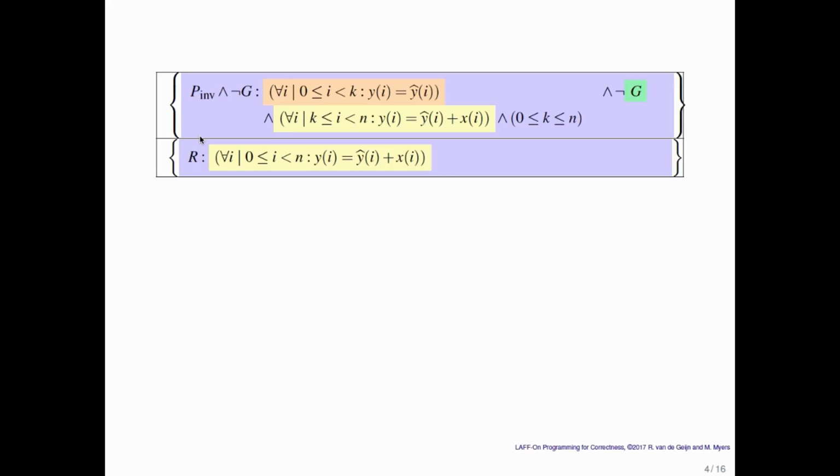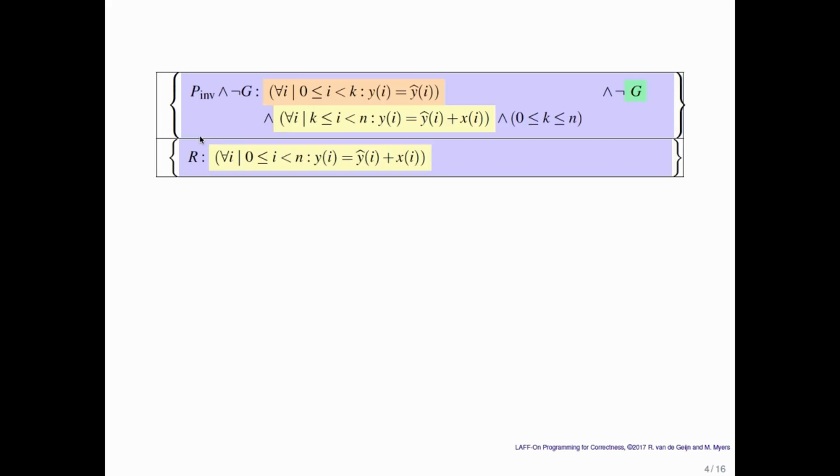Now, if you look at this, if k were forced to be equal to 0, then the orange box would be a quantification over the empty range, so that would evaluate to true, and then the rest of it would just be a quantification over the entire range with 0 less than or equal to i less than n. So that's exactly the postcondition that we're after.